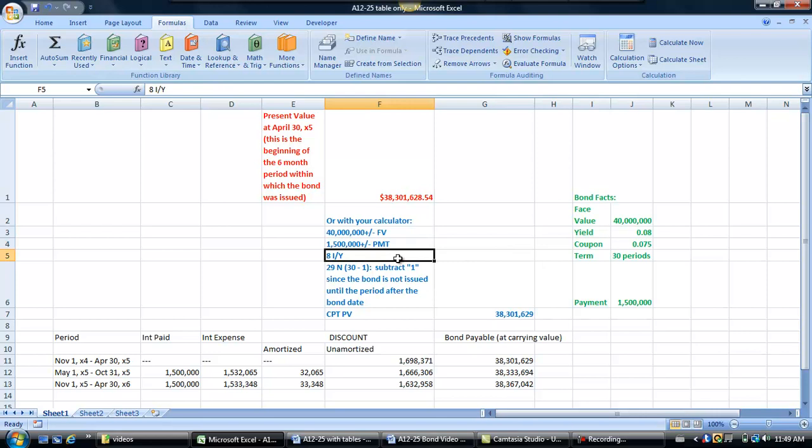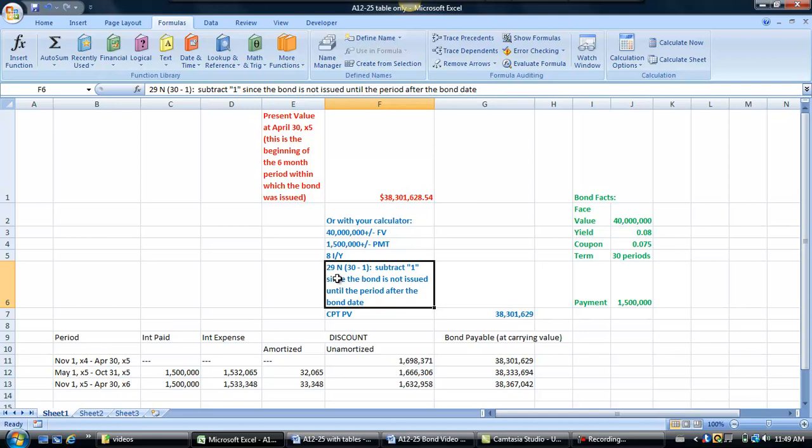We have a yield of 8%. We use the annual yield, but notice here we're using N not as 30, which is the number of payments we would normally have in a 15-year bond, but 29, because we're only going to be making 29 payments. All right? Why?